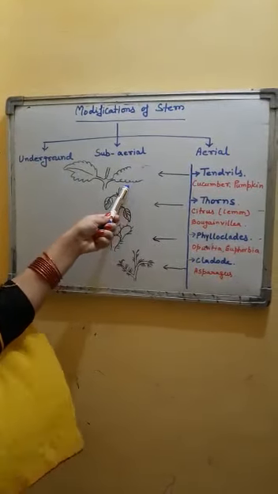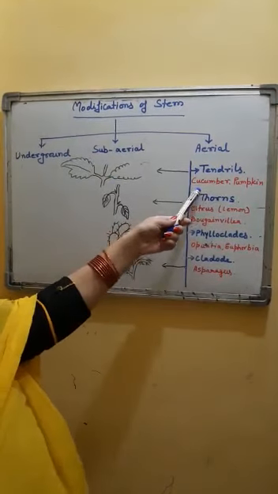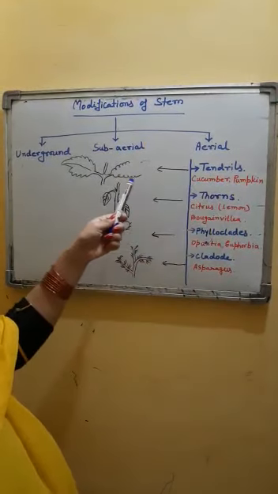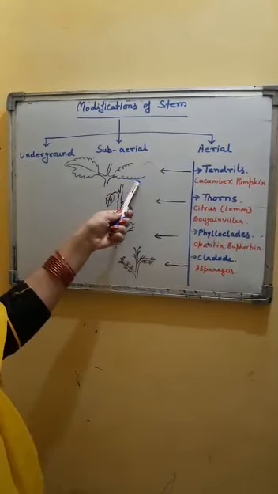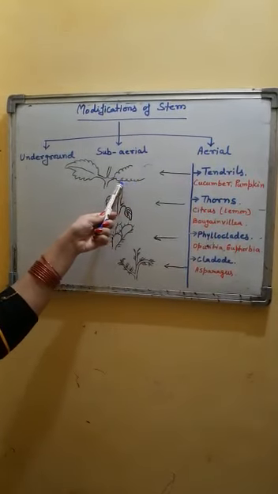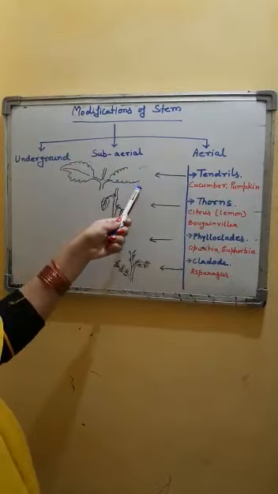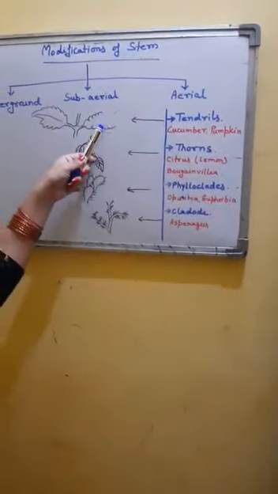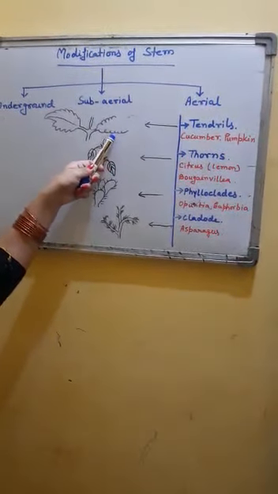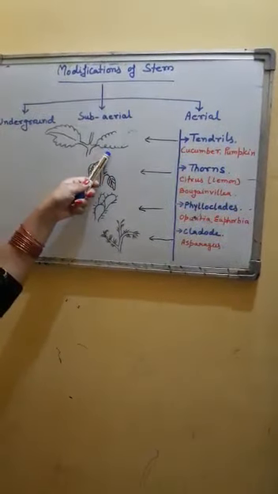It is basically found in creepers and climber plants. Good examples are cucumber and pumpkin. Here we can see some spirally coiled structures which help the plant to climb in an upward direction.